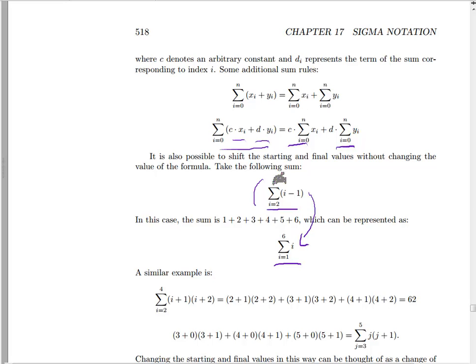I really changed i minus 1 into a new i. So I change this i minus 1 to i here. Then this i equals 2, I have to change it to 2 minus 1, or 1. This 7, according to this rule, 7 minus 1 gives me 6. I change it to 6. And you can verify that these 2 sums give the same result.